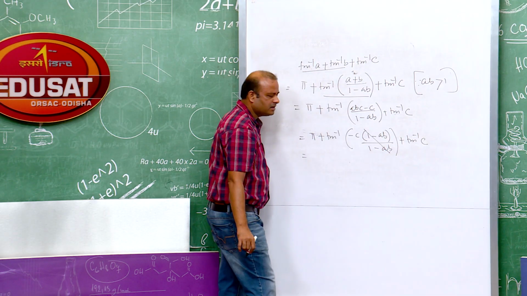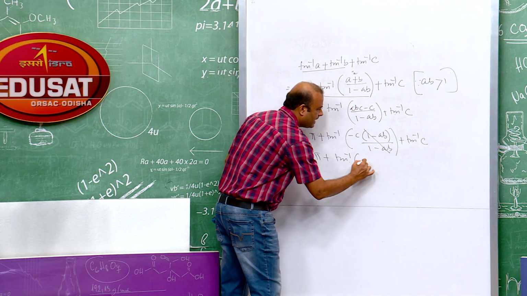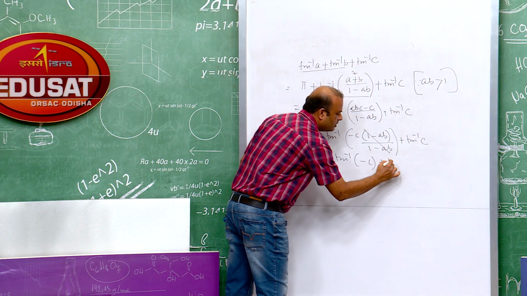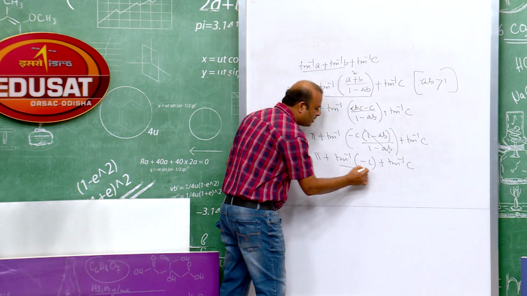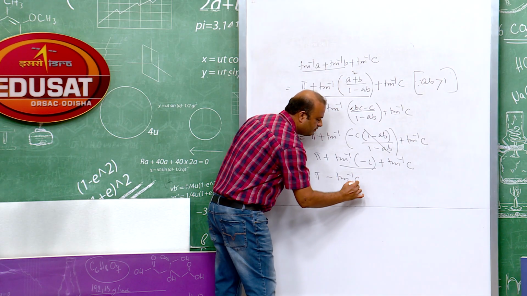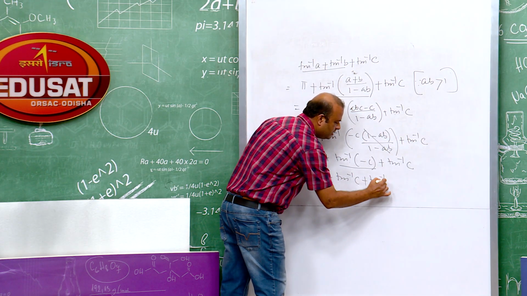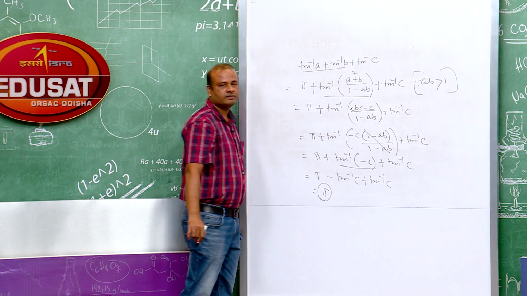So it will cancel out. So pi plus tan inverse of minus C plus tan inverse C. You know tan inverse of minus C is minus tan inverse C, plus tan inverse C. So the value is pi. This is the answer.